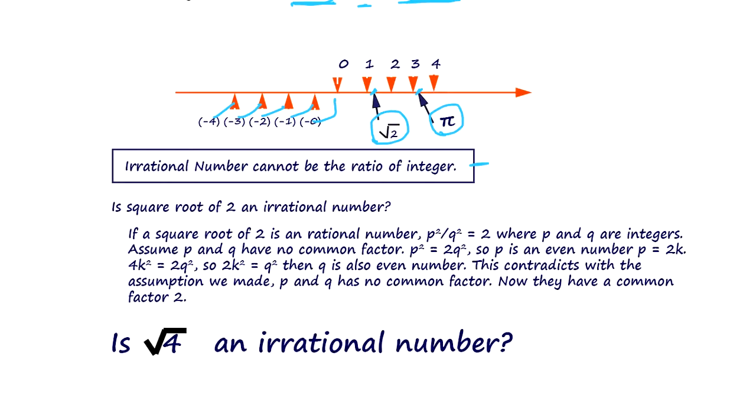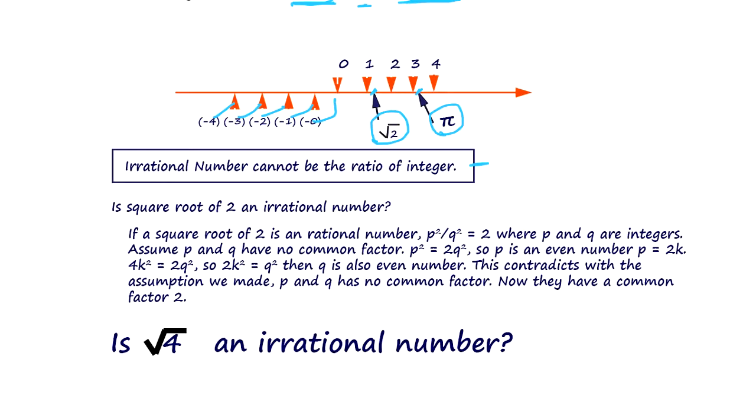So is square root of 2 really an irrational number? We try to prove that. The proof is easy. We make an assumption and we lead to a contradiction. Then we prove that the assumption is wrong.